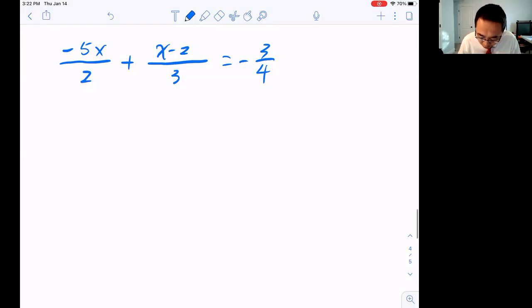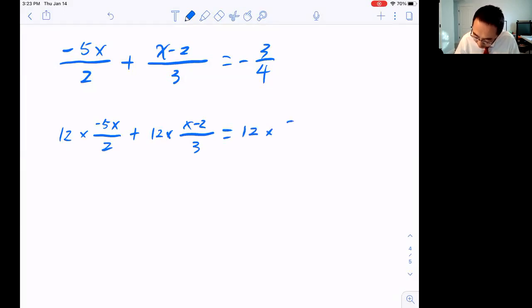So you do 12 times negative 5x over 2, plus 12 times x minus 2 over 3, equals 12 times negative 3 over 4, right? Since you multiplied every term by the same factor, the equation still stands.